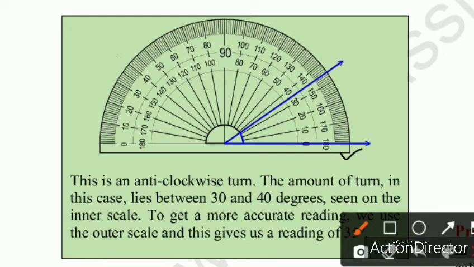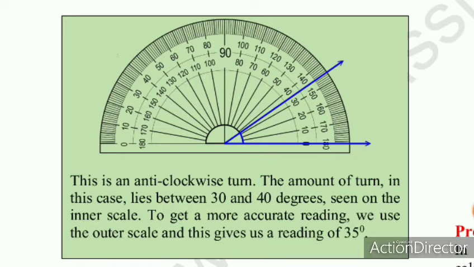So we say that this is a 35 degree angle. We use the outer scale and this gives us a reading of 35 degrees.